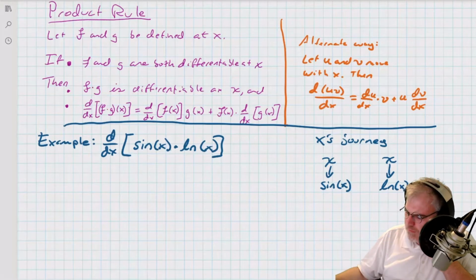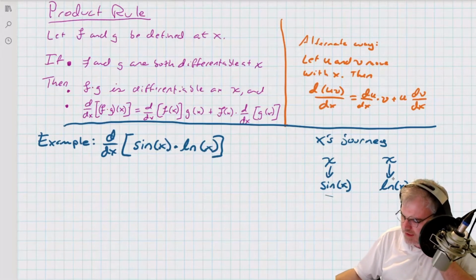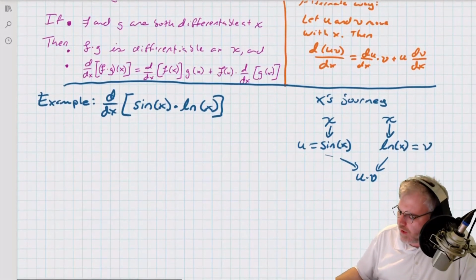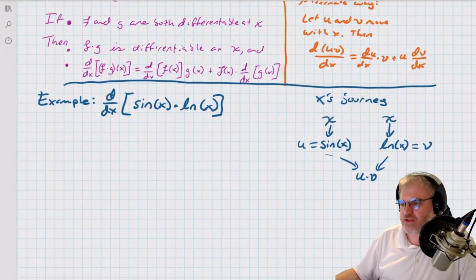So I start x here, I take the sine of x, and then I take the natural log, and then I shove that together into a multiplied thing. So I'm going to call this u and this v. And notice that when x changes, u changes. Likewise, when x changes, v changes.